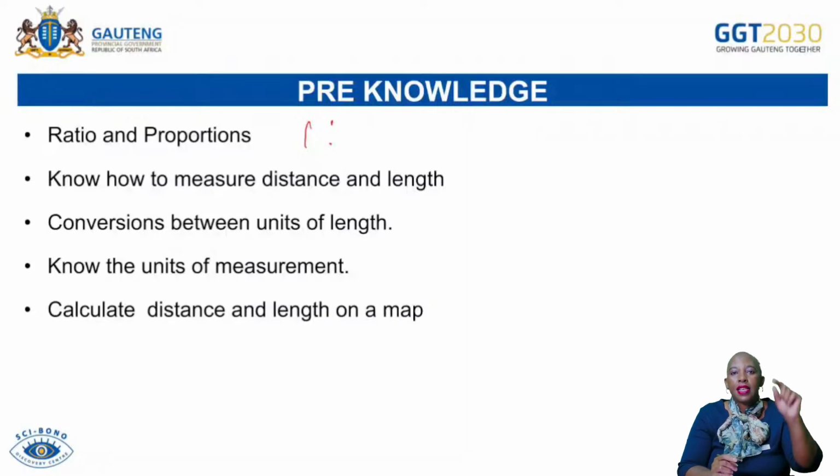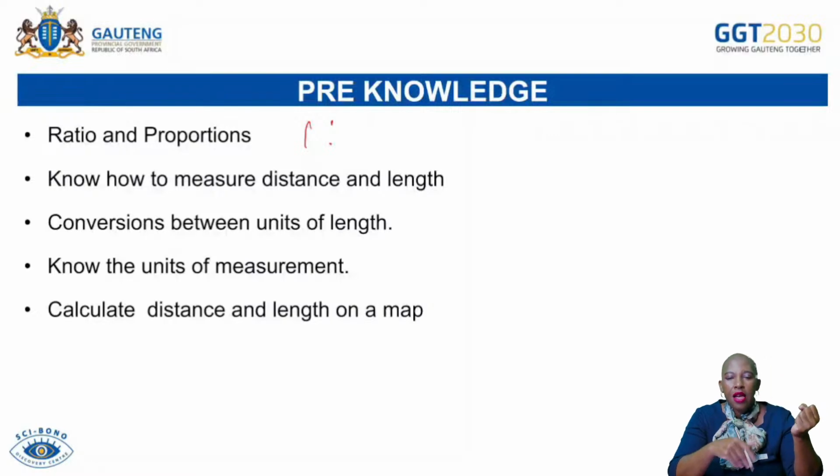For example, if on my left hand side is 10 meters, on the right hand side it must also be 10 meters, or 10 kilometers, or 10 millimeters, or whatever unit I'm having; the unit on the right hand side must be the same. So when we work with ratios, the units are the same.